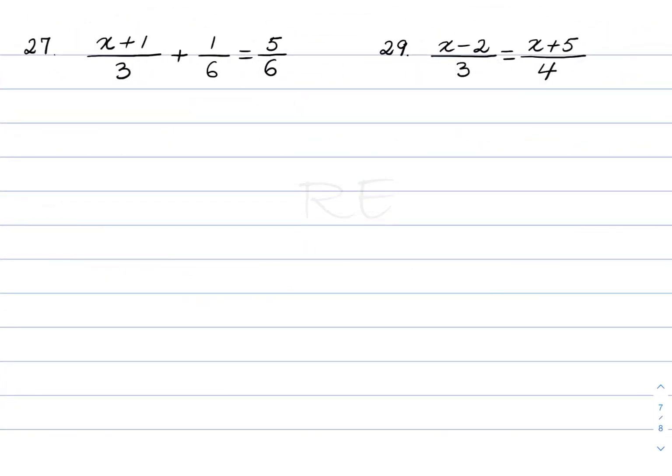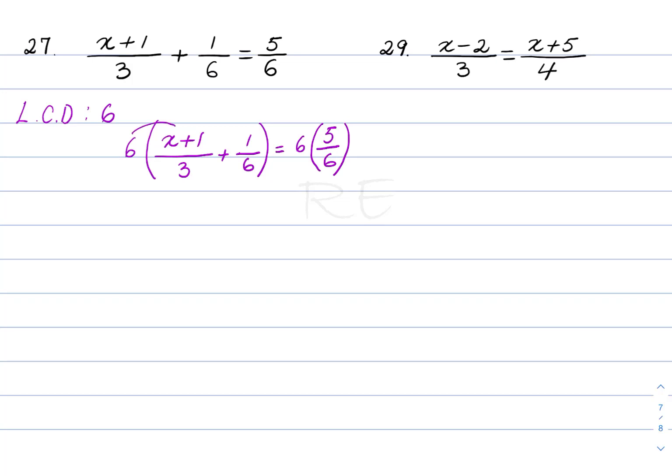For number 27, the LCD between 6, 6, and 3 is 6. Now, we're going to multiply both sides by 6. 6 times x plus 1 over 3, plus 1/6, is equal to 6 times 5/6.